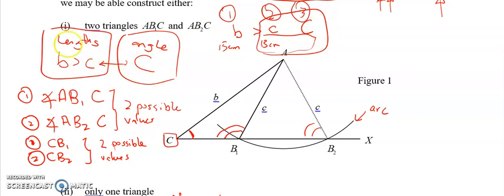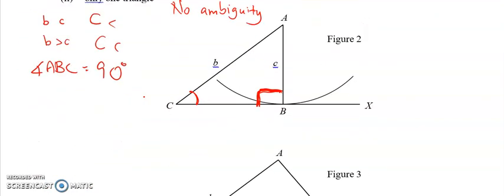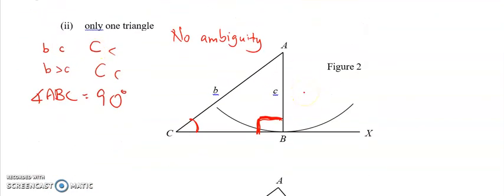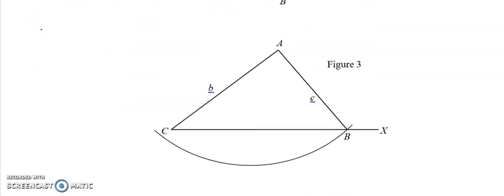So if the question asks us to find angle ABC, there can be two possible values. But if in our calculation we find angle ABC is 90 degrees, there cannot be any ambiguity. It is fixed. That is figure 2. If we get 90, then that's it. There cannot be any other possible triangles formed given these three values in the question. And let's look at figure 3.